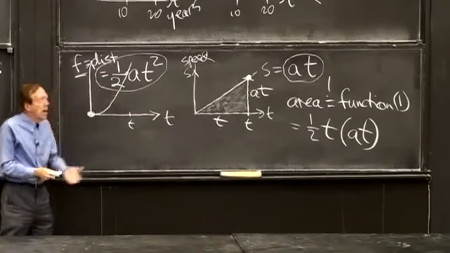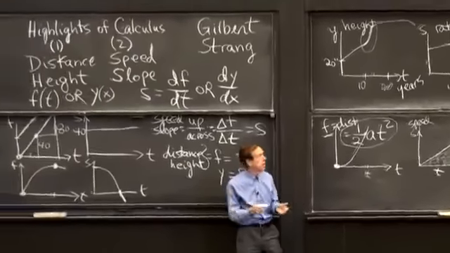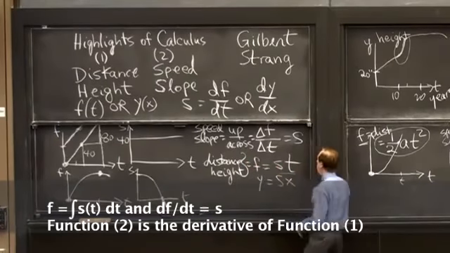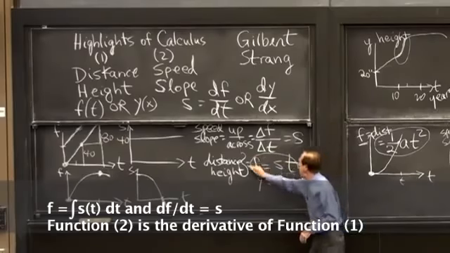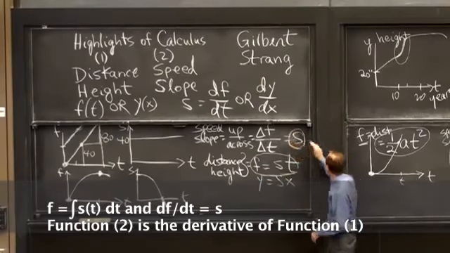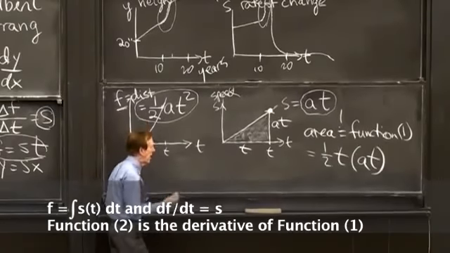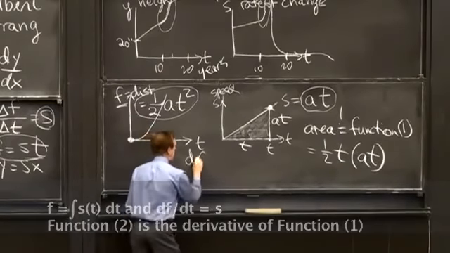Okay, so there you have the first, well, I'll say the second pair of calculus. The first pair was f equals st, and its derivative was s. Our second pair is f equals this, and will you allow me to write df dt?